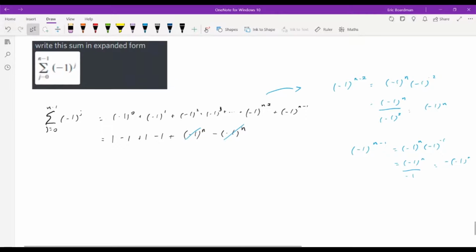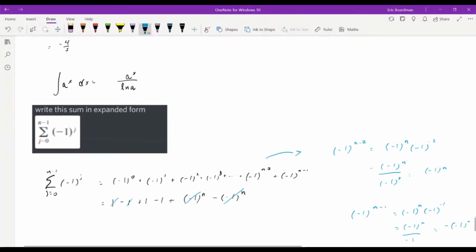And it seems like this entire thing should cancel. But I know that it shouldn't cancel because I know that this sum shouldn't be 0.